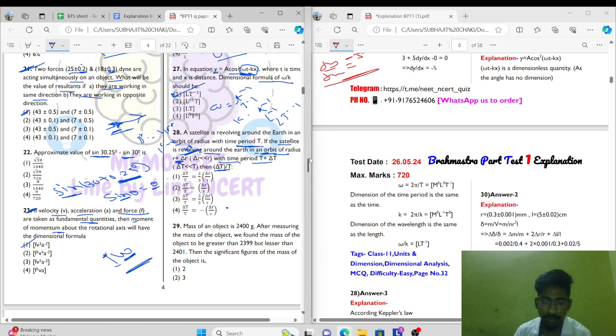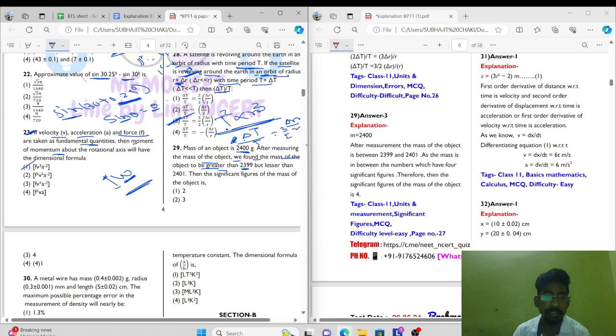The mass of an object is given. After measuring the mass of the object, we found that the mass is greater than 2399 but lesser than 2401. Okay, it is in between 2399 and 2401, but it is not 2400. And the significant figures of the mass? It doesn't matter whether 2399 or 2400; in both cases the number of significant figures is 4.